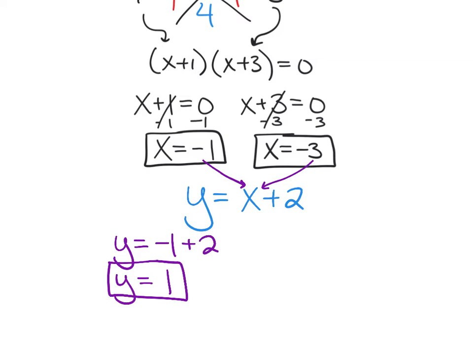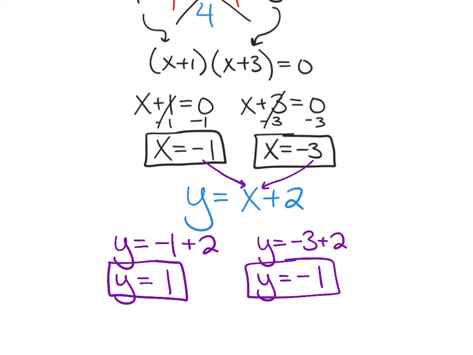1. And the other equation would say negative 3 plus 2. What's negative 3 plus 2? Make it negative. Okay, now I have an x and a y together, because this x goes with this y, and this x goes with this y.